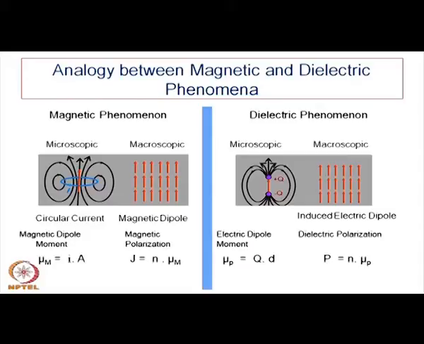And as we have seen, there are different mechanisms of polarization in dielectric material. Here also there is an origin of magnetism in any material. Of course, dielectric phenomena comes only when we apply an electric field from outside, but in magnetism the magnetic behavior arises from within the material.